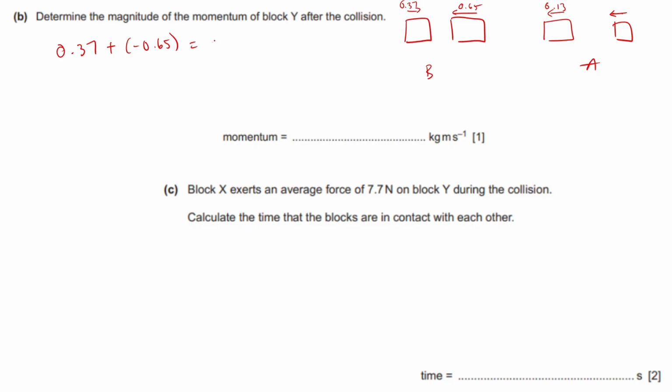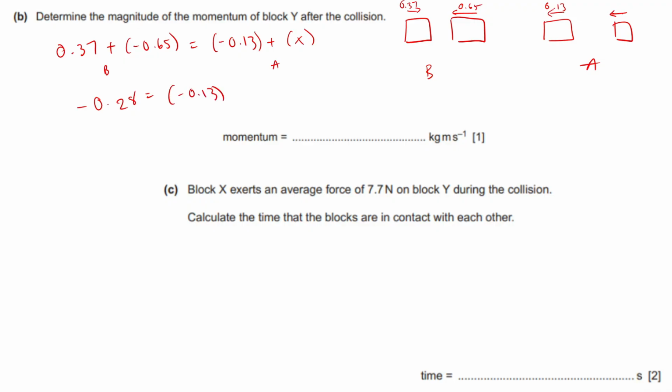So in this case, the before is going to be 0.37 plus negative 0.65, because 0.65 is going the other direction. It's going left. Similarly, this negative 0.13 is going to the left, so it's going to be negative. I kind of botched that, but it's negative because it's going to the left.